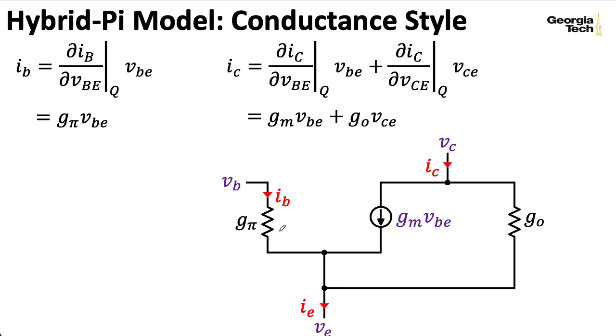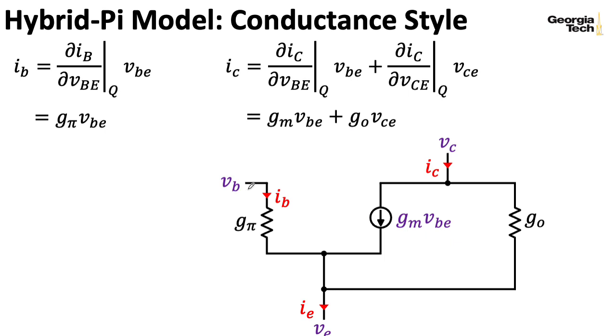So the pi model consists of two resistors and a voltage-controlled current source. So let's focus on the base current here for a moment. We have a relationship that says it's something times a voltage difference, namely the voltage difference between the base and the emitter. So the way this is written, this has the form of Ohm's law in terms of a conductance.